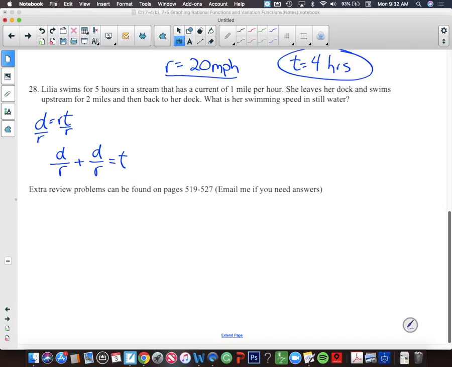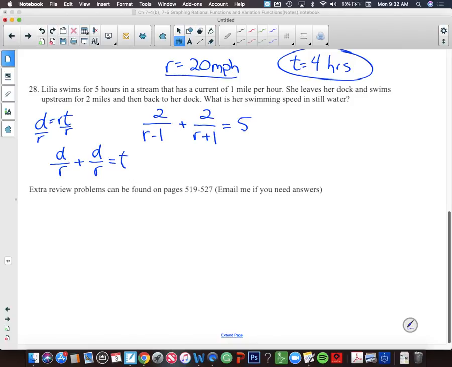Okay? So the distance, we're going 2 miles. Let's say the first one is going against the stream. That's going to give us, if we add those times together, so this is our rate going with the stream, and our total time that it took us was 5 hours.